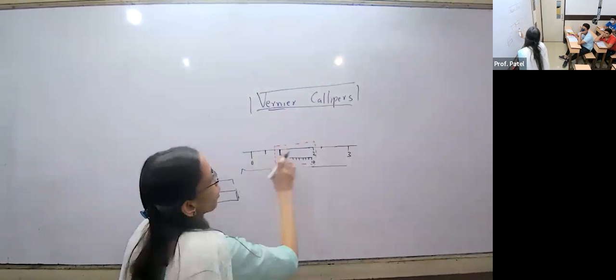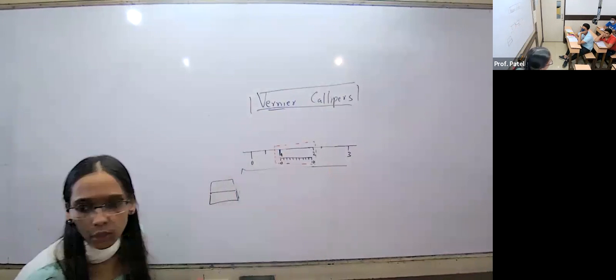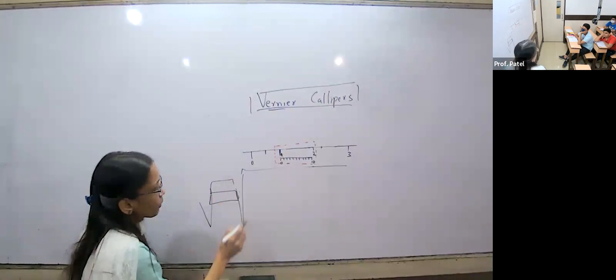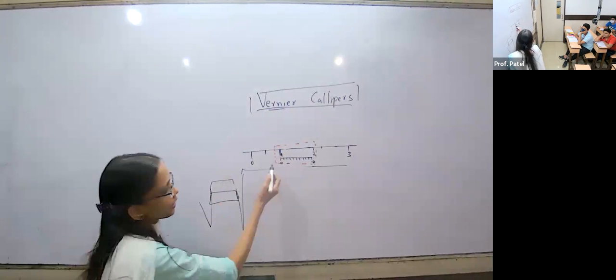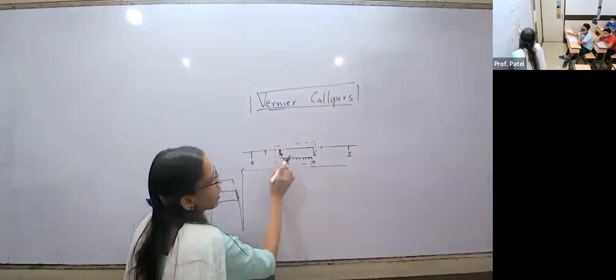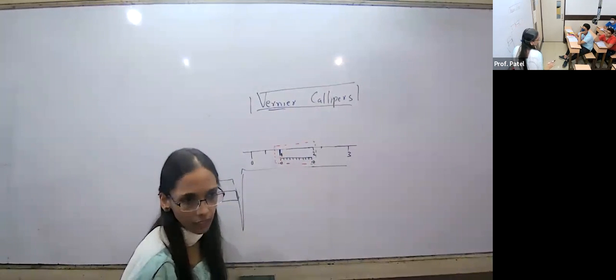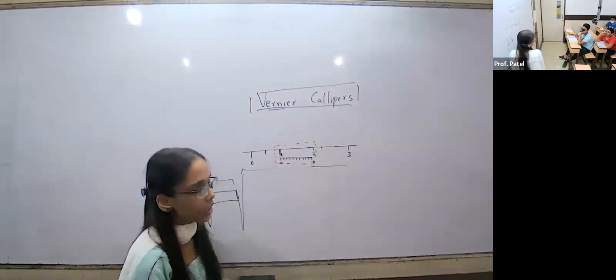So how do I measure my object's length? My object's length measurement is done by taking as a reference point where the 0 of the vernier caliper is pointing. Is that clear? Where my 0 vernier caliper is pointing.